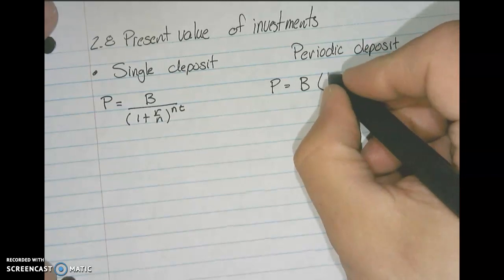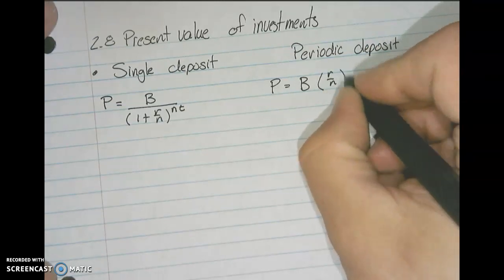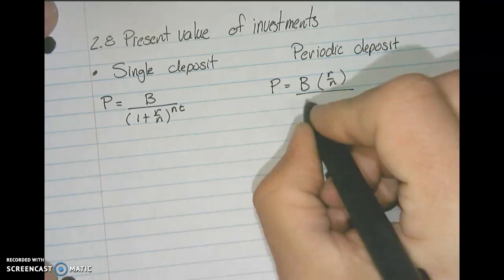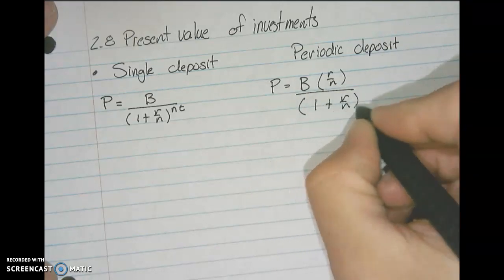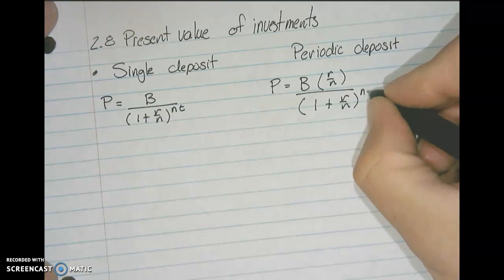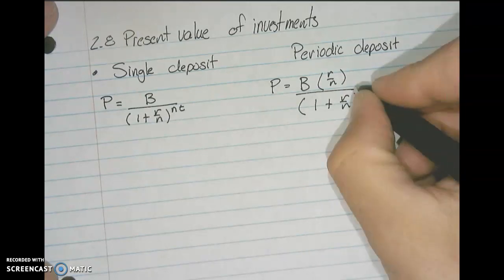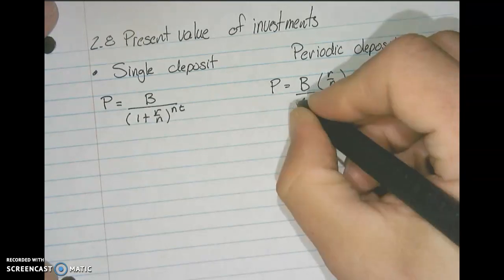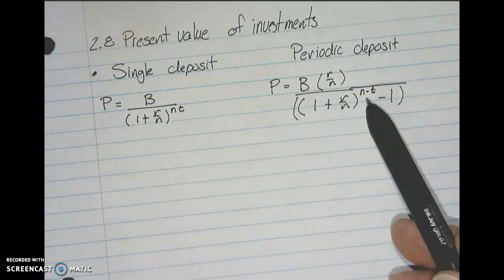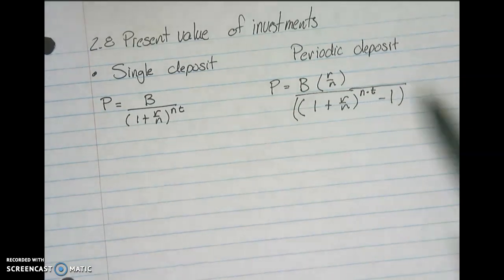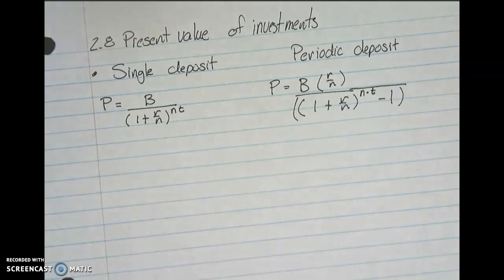So we take R over N, and then down here we have 1 plus R over N, raised to N times T, minus 1, and we put parentheses around it like that. And again, depending on your calculator, you need to put parentheses around N times T as well.